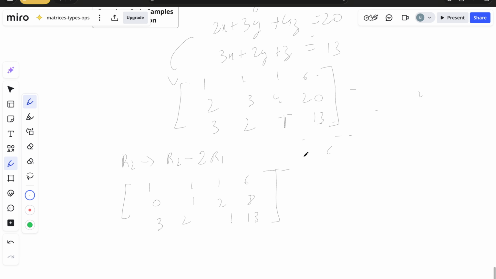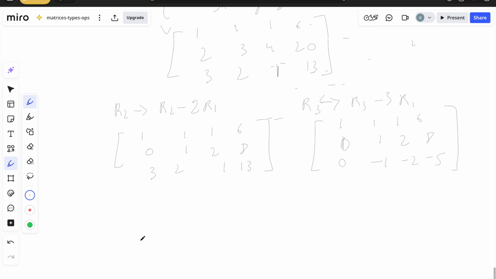The next operation we'll perform is R3 minus 3R1, which gets reduced to 1 1 1 6, 0 1 2 8, and 0 -1 -2 -5, right?